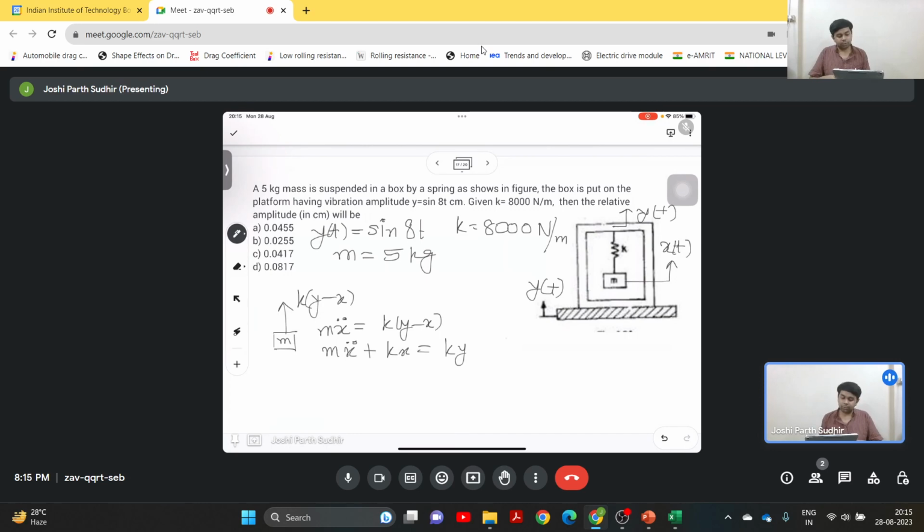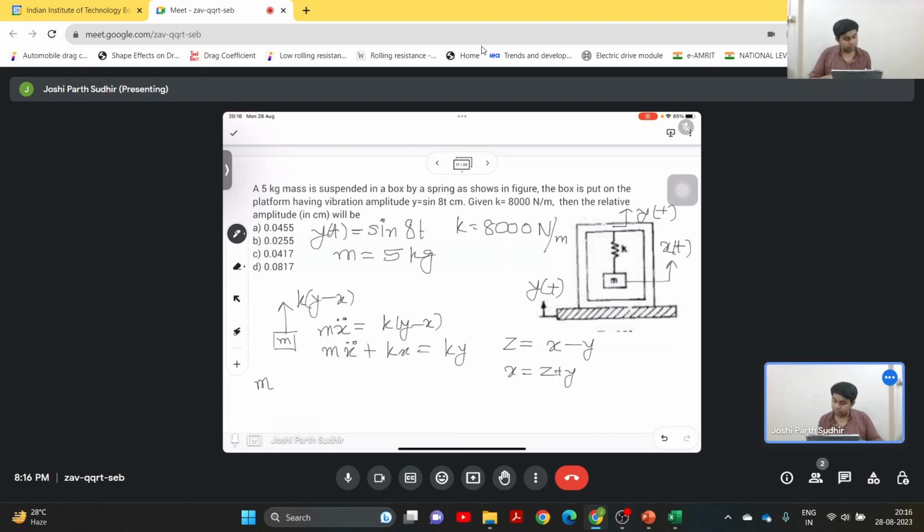So let us now substitute the relative displacement as z = x minus y. So therefore we can write x is equal to z plus y.